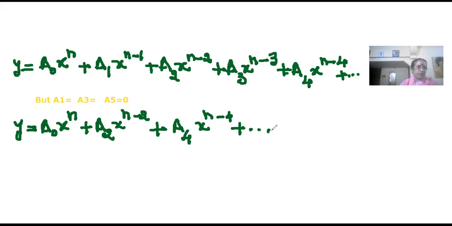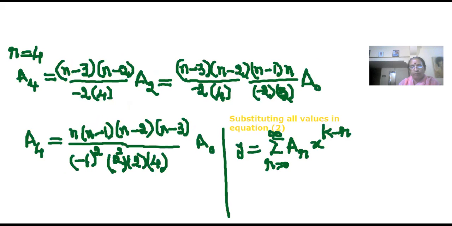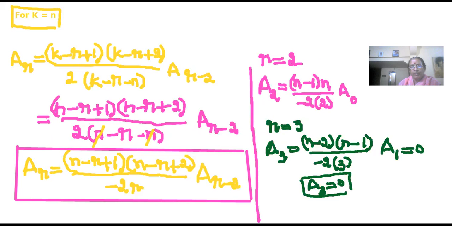So already we have calculated the coefficients. So y equal to A naught into x power n. But what is A2? We have calculated. A2, the minus term we are getting, that means alternatively plus minus plus minus.